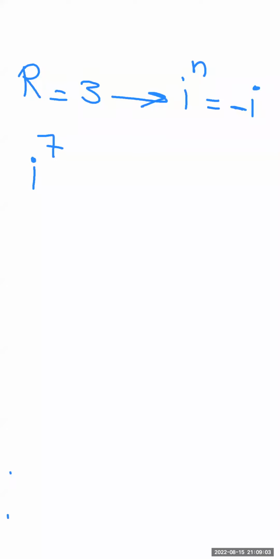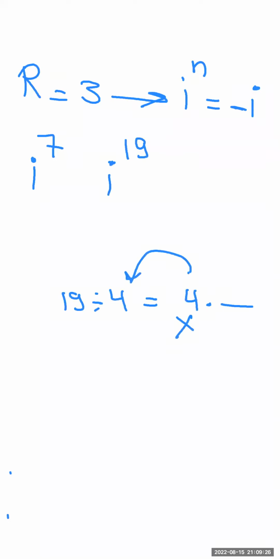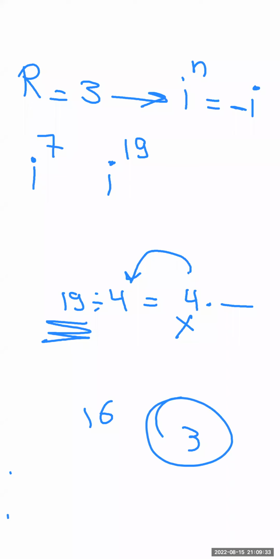And what about the remainder? 7 minus 4 equals 3. Or, for example, 4 times 4 equals 16. Add 3, 19. Now divide 19 by 4, it will equal 4 point something. This is the result from the calculator, ignore this number. Now, 4 times 4 equals 16. What will be the remainder out of 19? 3. So i to the power 3 means -i, sorry, negative i.